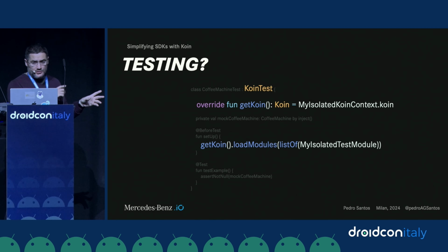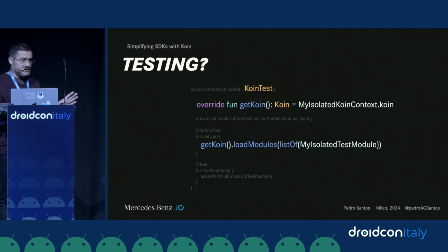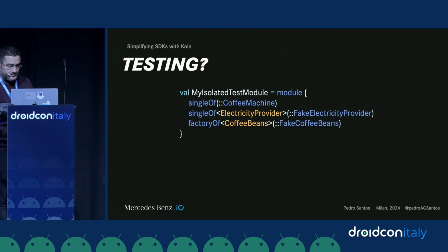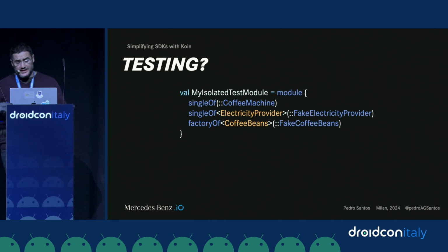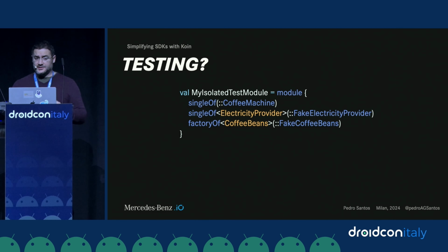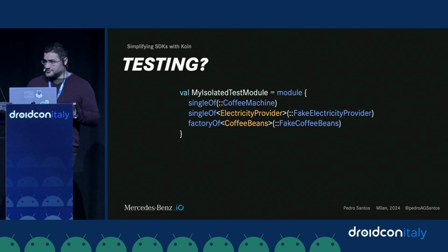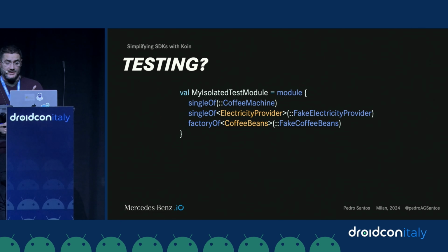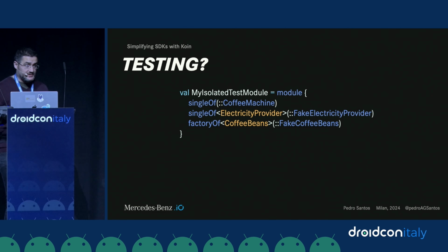You can imagine that this overriding would be just providing fakes. I'm going to show you in a few slides later how this looks. So the module per se, if you're using DSL, looks like this. You have your coffee machine, but as you've seen, what I'm providing here is a fake electricity provider, and I'm also providing fake coffee beans.